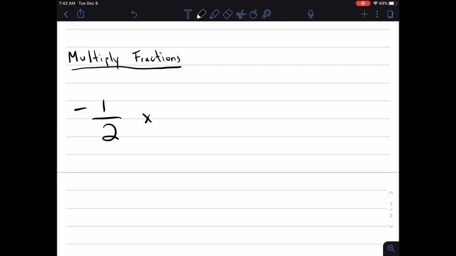Now let's multiply. Let's multiply fractions. I have negative 1 over 2 times 3 over 4. Remember, when we multiply positive and negative, if we have the same symbol, el mismo símbolo me da positive.